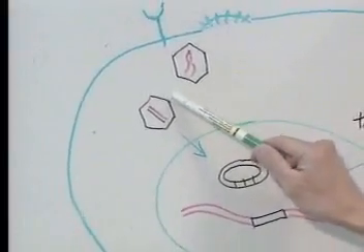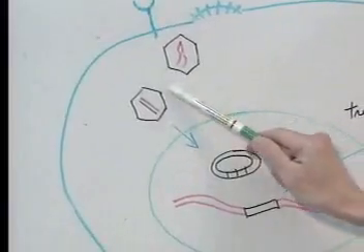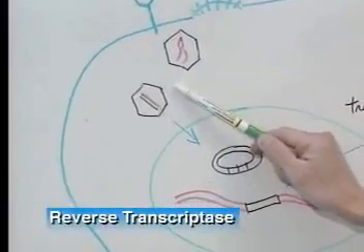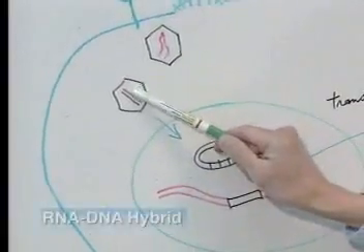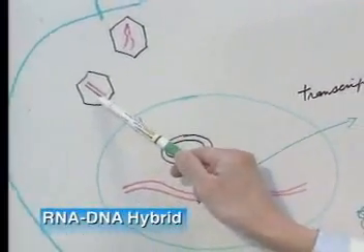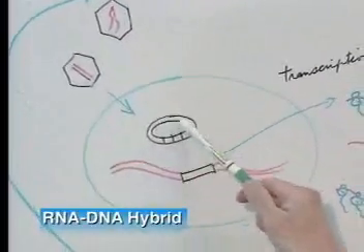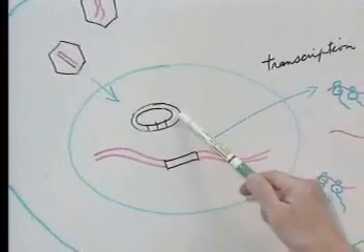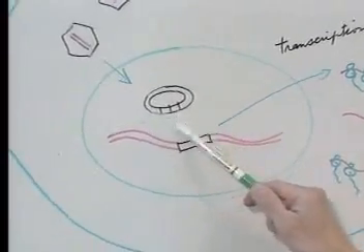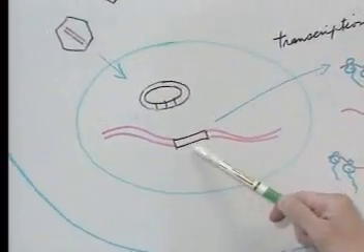After that, the reverse transcriptase is activated, giving rise to an RNA-DNA hybrid. Okay. Subsequently, you have a double-stranded DNA structure that is circularized and is integrated into the host cell chromosome like that.